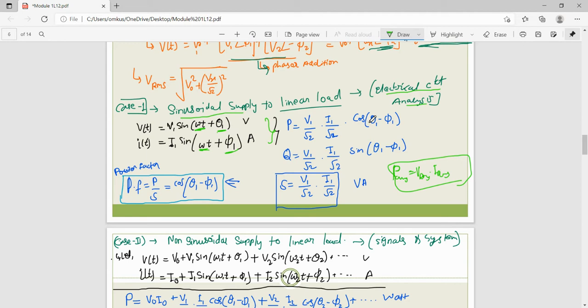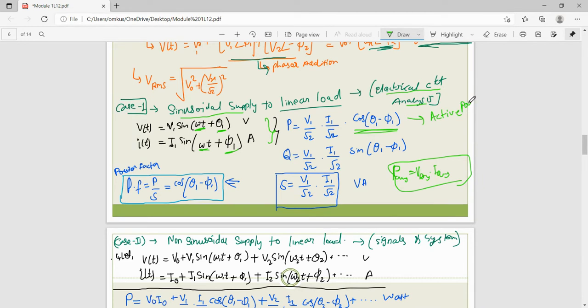Take the cos value, and you can directly use theta 1 minus phi 1, because here the voltage is our reference point, right? This is the active power.